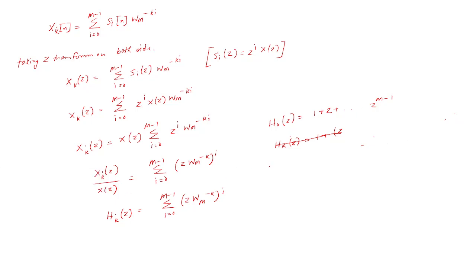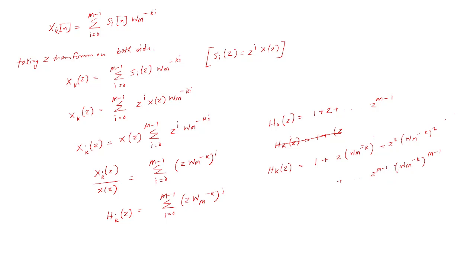Therefore, you obtain H_k of z as 1 plus z times omega_m to the power minus k, plus z squared omega_m to the power minus k whole squared, up to z to the power m minus 1 times omega_m to the power minus k, to the power m minus 1.